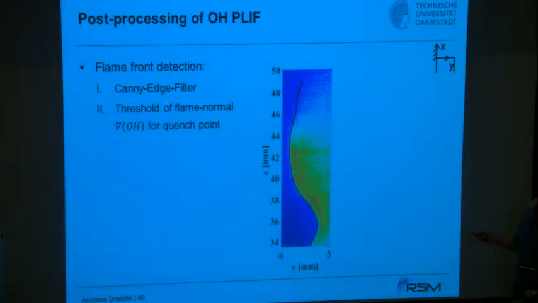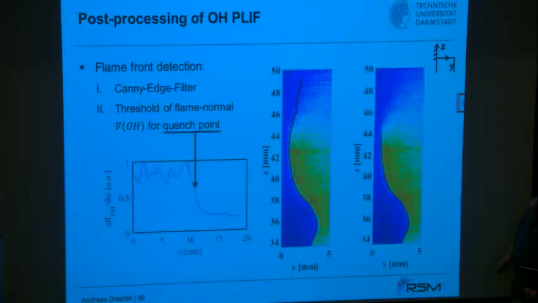Then we know, or have a good estimate of, where the flame front was. Then we can take a flame-normal gradient and plot the gradient along that line S. This S, this red line, is shown over here. Of course, you do have some noise, but eventually at some point you see a drop in this wall-normal gradient.